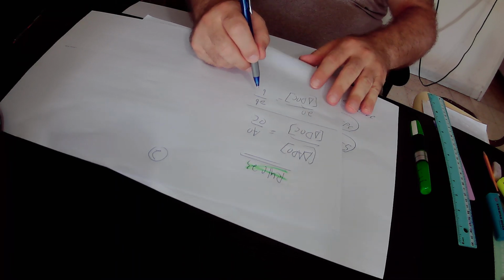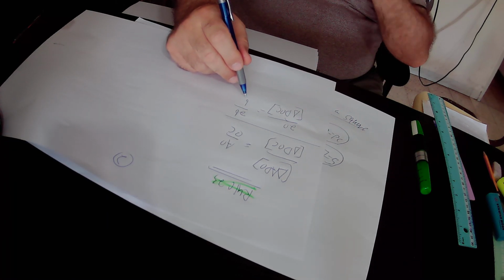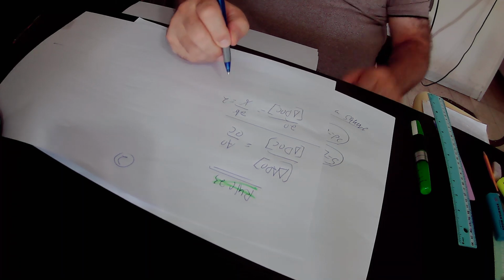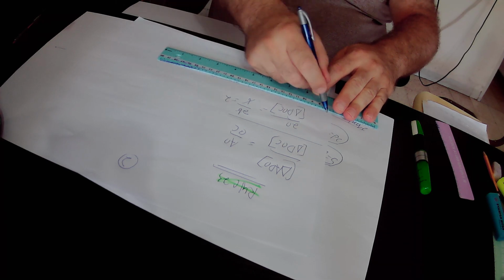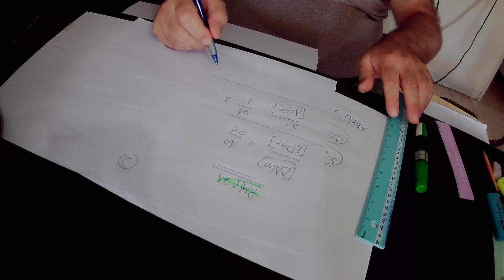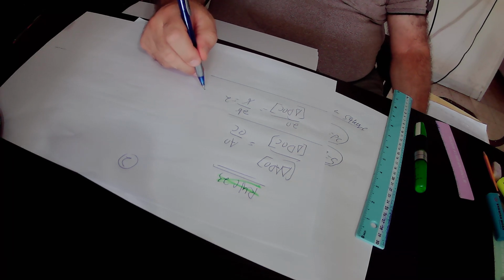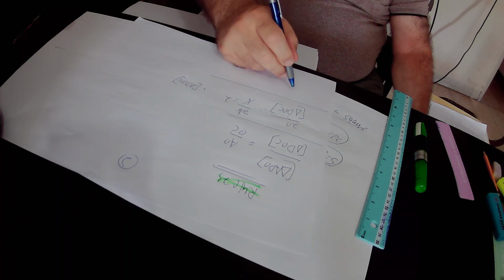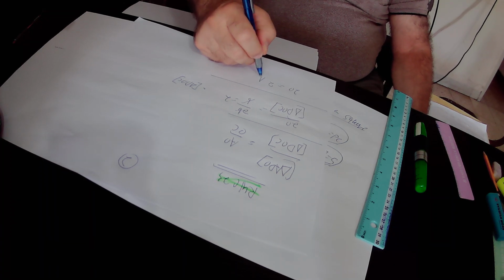Here we have B in the numerator and B in the denominator, so B will get cancelled and we are left only with 2. So in total we found out that 20 over the area of triangle DOC equals 2. Here we multiply this equation by the area of triangle DOC, and we get that 20 equals 2 times the area of triangle DOC.